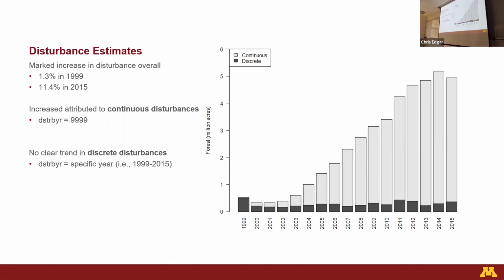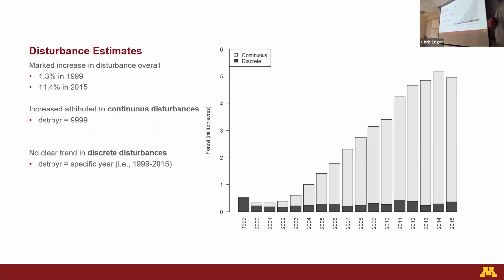So one thing that's new in this paper, which I feel is probably one of the more important contributions of this paper, and it's the first that I know of where it's been done in this way, is to recognize disturbances as either continuous or discrete. And what does that mean?